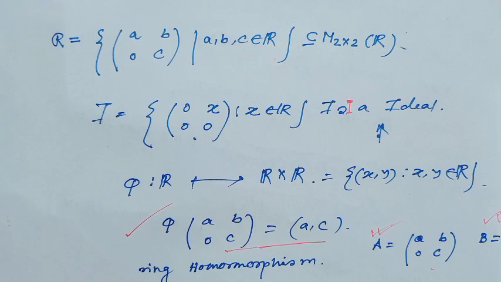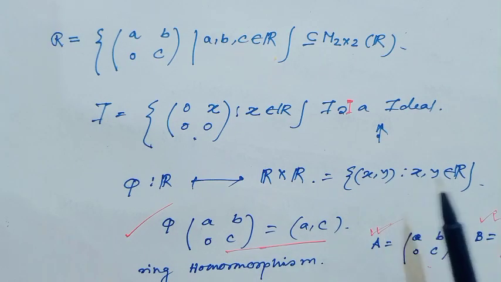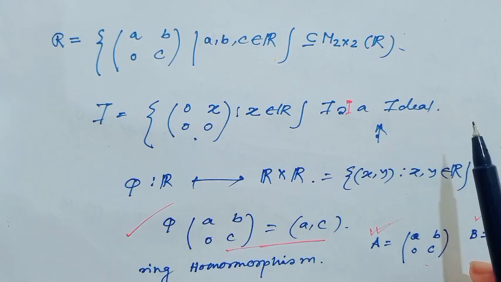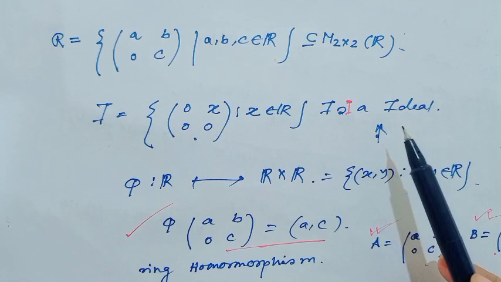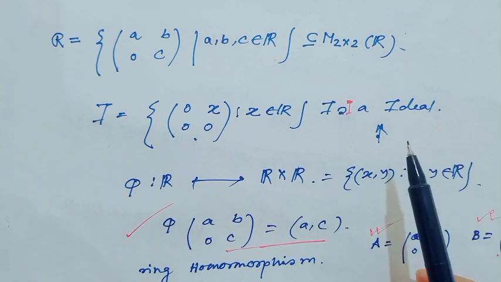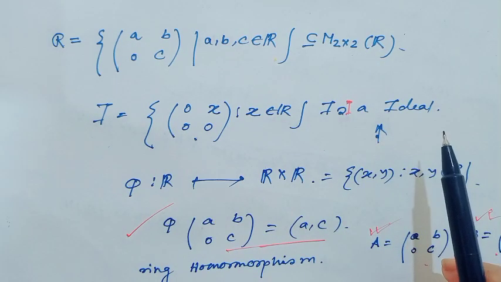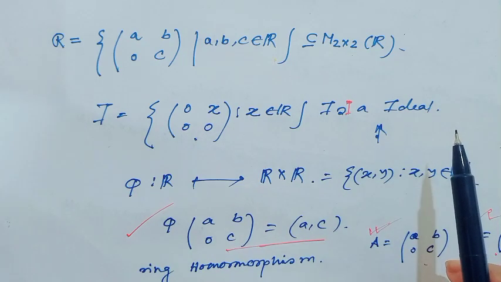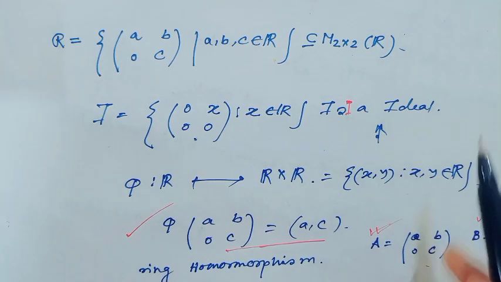This is one way to prove whether one subring is an ideal or not: find such a homomorphism for which the ideal would be the kernel. For any ideal, there always exists one homomorphism for which this ideal is the kernel.